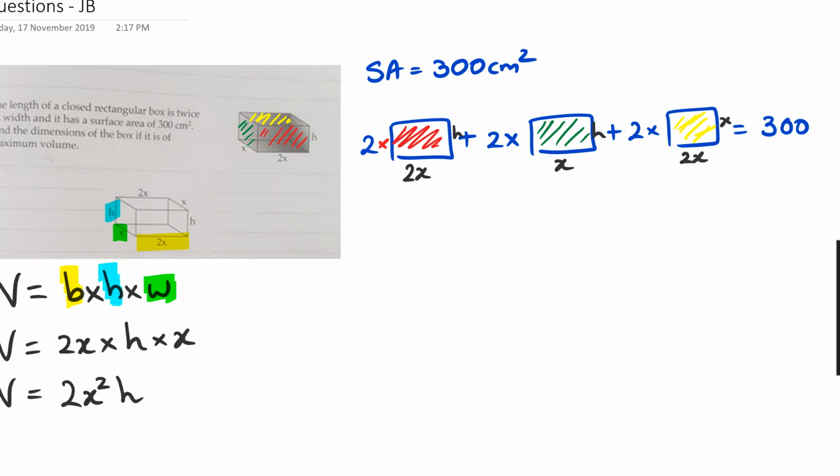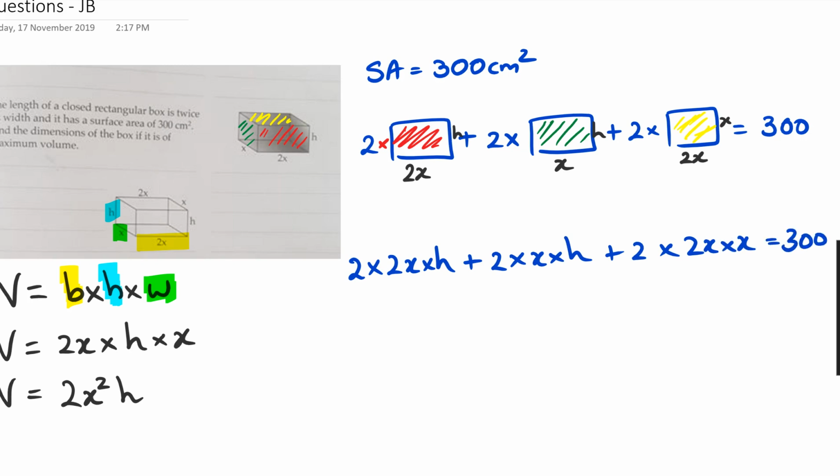So if we write this up, we get 2 multiplied by 2x multiplied by h, plus 2 times x times h, plus 2 times 2x times x, and that's equal to 300. Just to recap, the 2x times x is the area of the yellow rectangle, and we've got top and bottom to worry about. Then we've got left and right, which is xh. Then we've got front and back, which is 2x times h. And of course, we've got to put it twice.